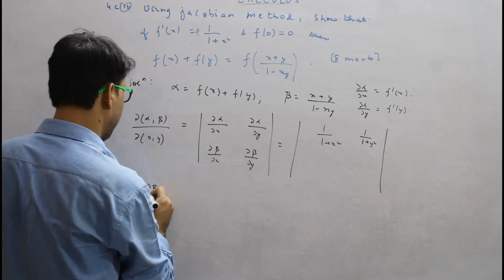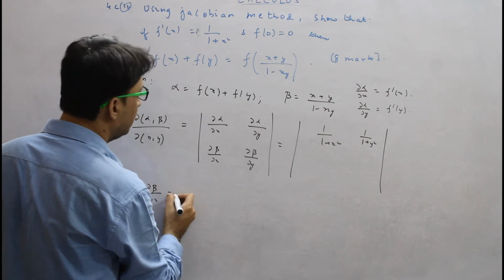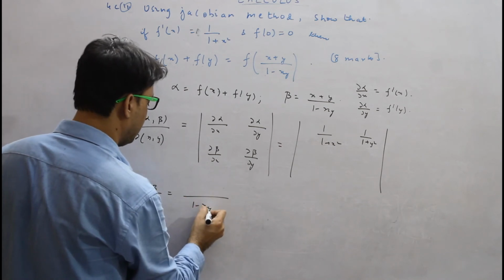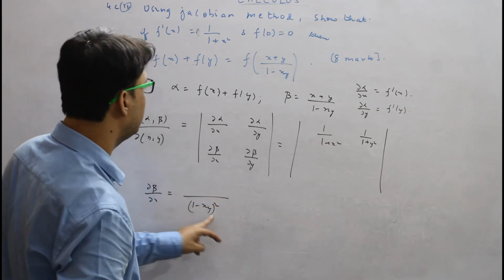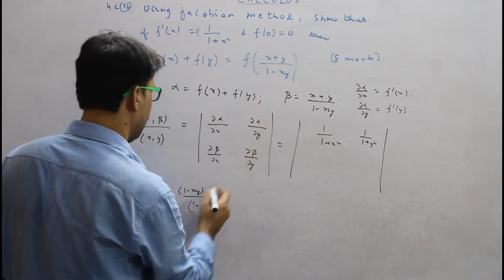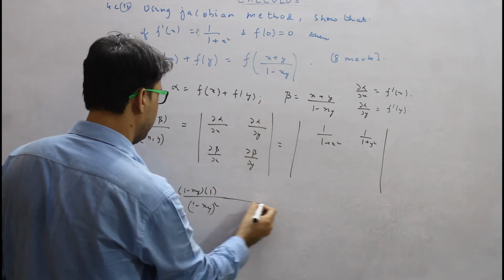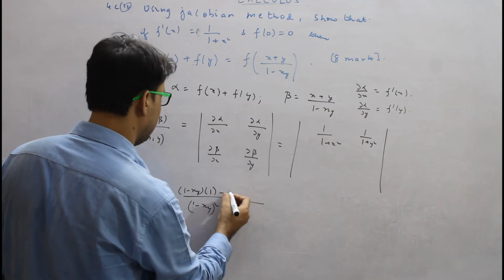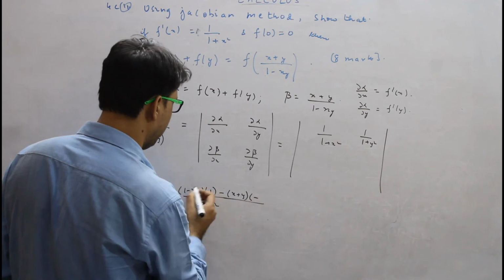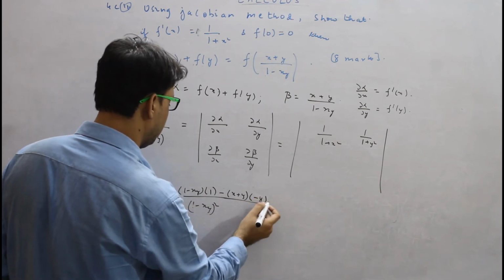So if you take ∂beta by ∂x, that means you have to differentiate with respect to x partially. So I can write this as 1 minus xy, I will take, and this gives me 1, and again I will write this as x plus y, and I am differentiating with respect to x. So I will write this minus y.